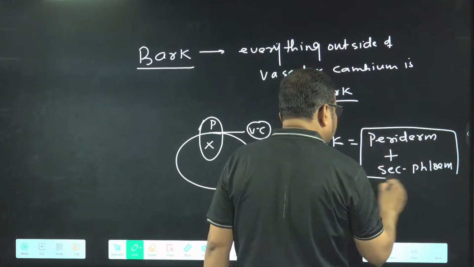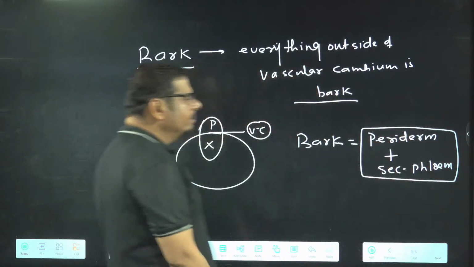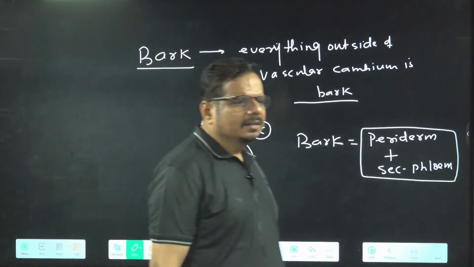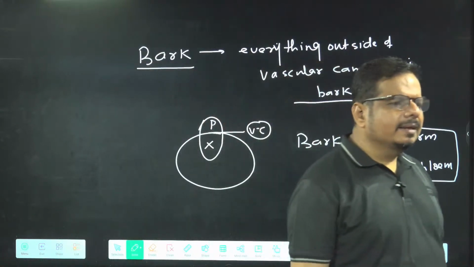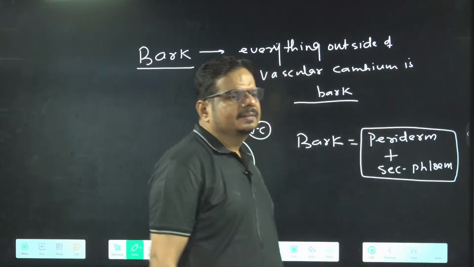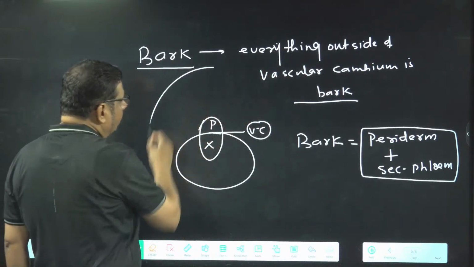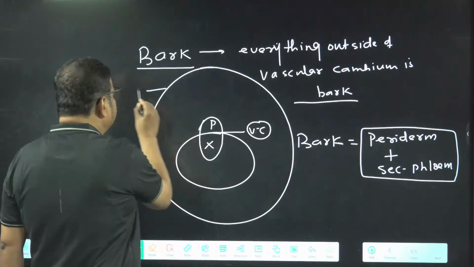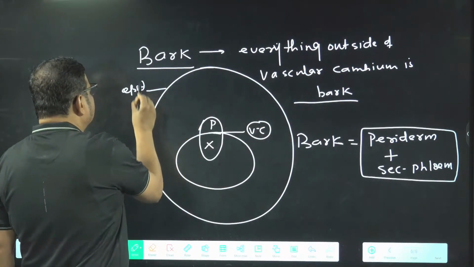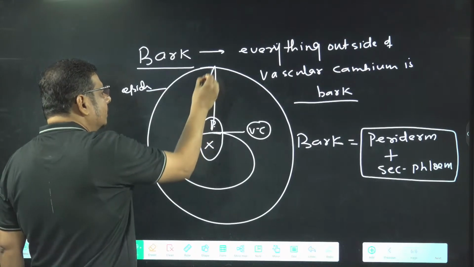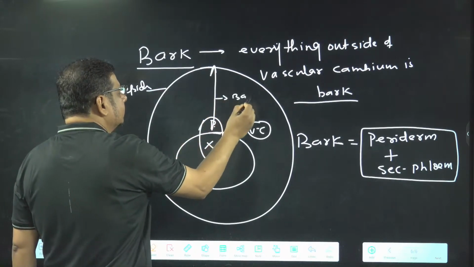Bark includes what basically? Periderm plus secondary phloem. So bark is what? Everything outside of which one? Vascular cambium. You think like here it is epidermis, so from epidermis to phloem, everything is called what? Bark. This area is bark basically.